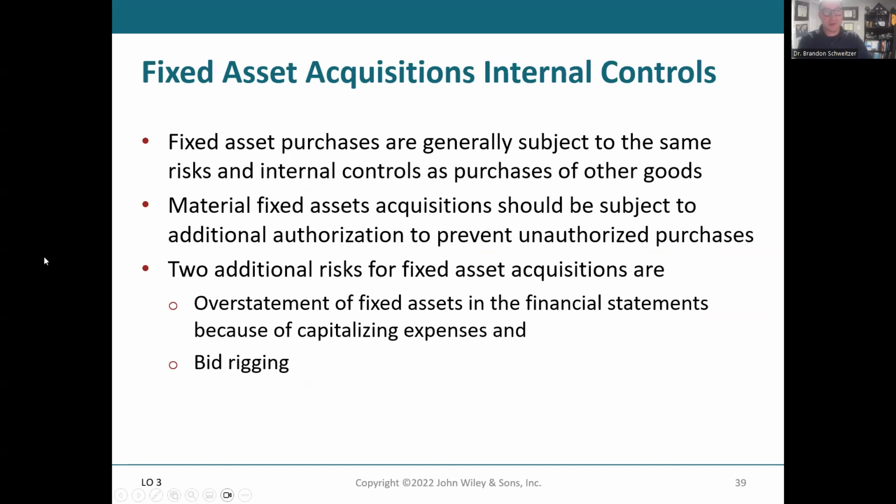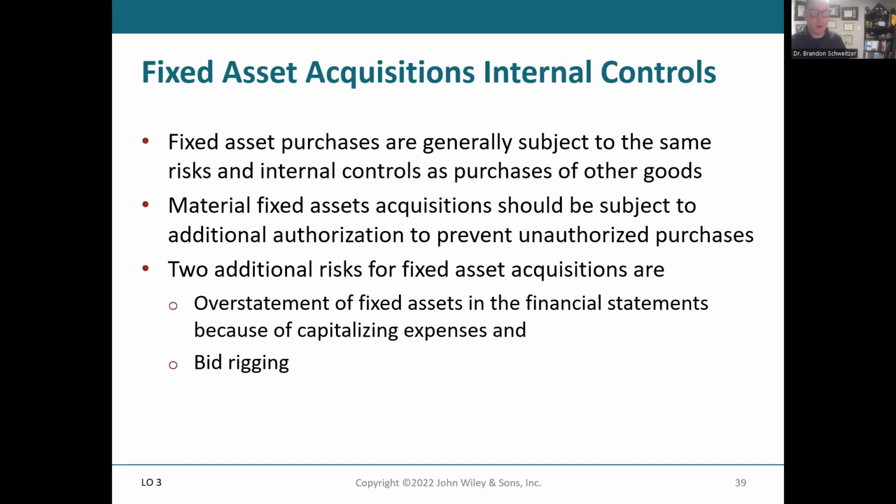So internal controls are very necessary to be in place for fixed assets, because there's a number of risks associated with it. We need to prevent unauthorized purchases. We need to prevent any type of situation like bid rigging or the overstatement of those fixed assets because of capitalization expenses.